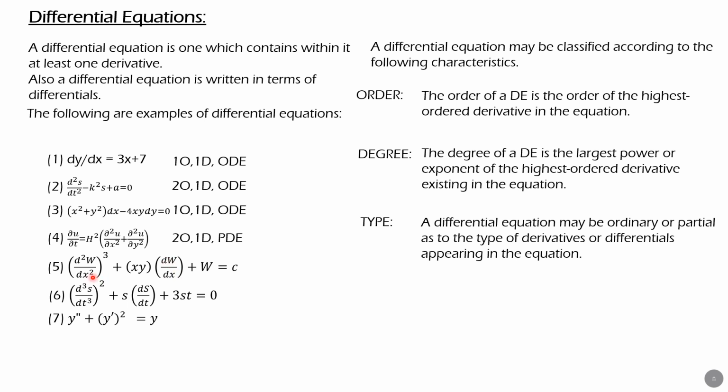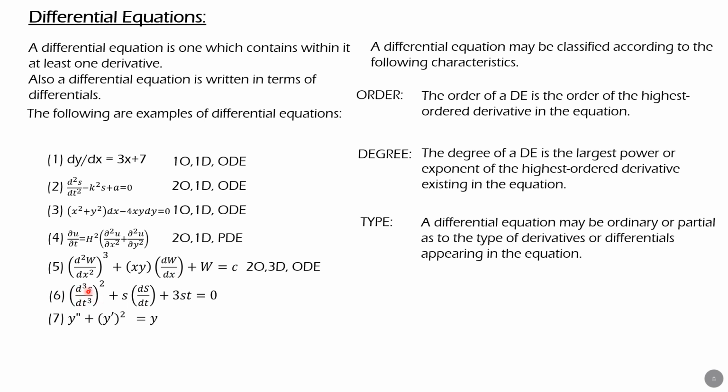The next one has the second derivative of w with respect to x raised to 3, and this is the highest order derivative, so it is second order, and since it is raised to 3, this is the largest exponent, so it is third degree, and it is an ordinary differential equation. So second order, third degree, ordinary differential equation.